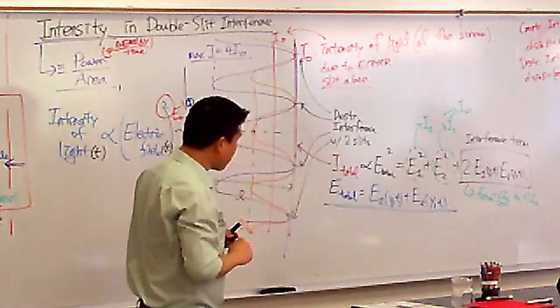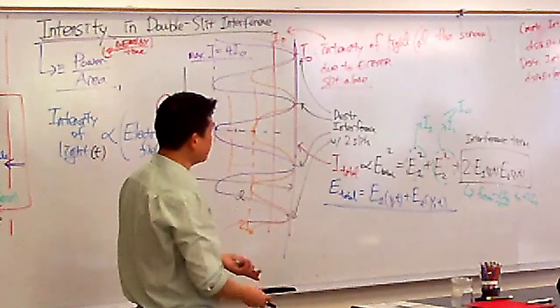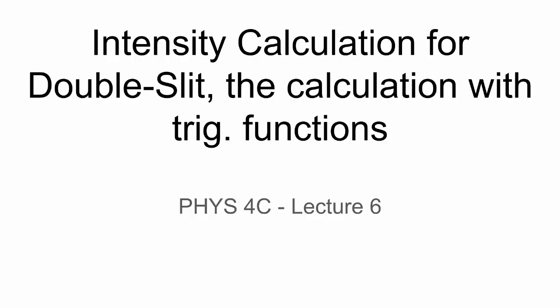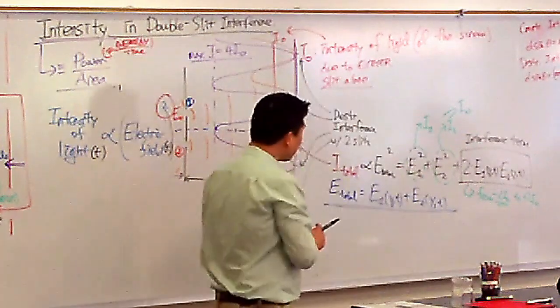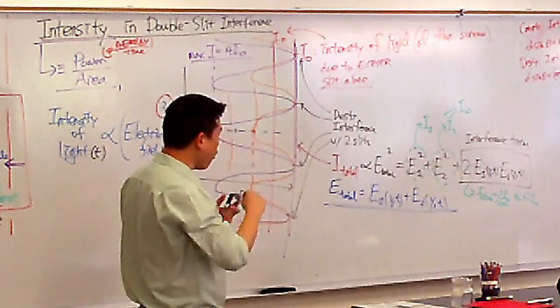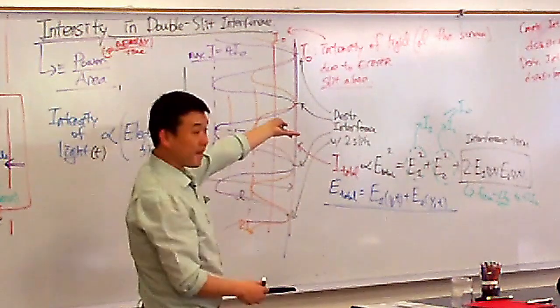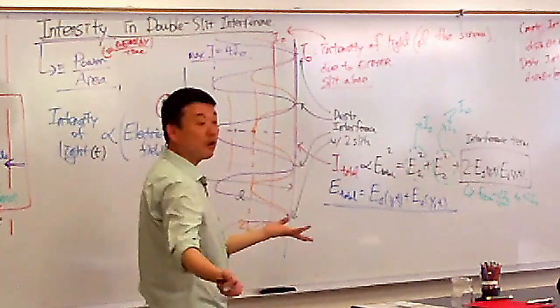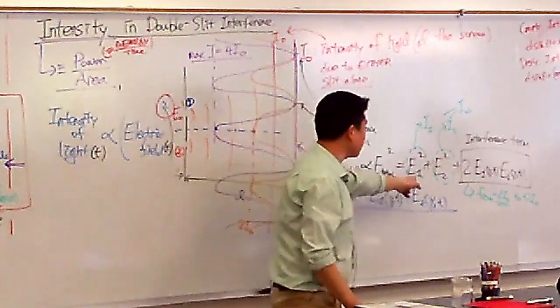So the rest of the method that I want to go over is working out this math. So I've already done a quarter of it. I have these two constant terms.